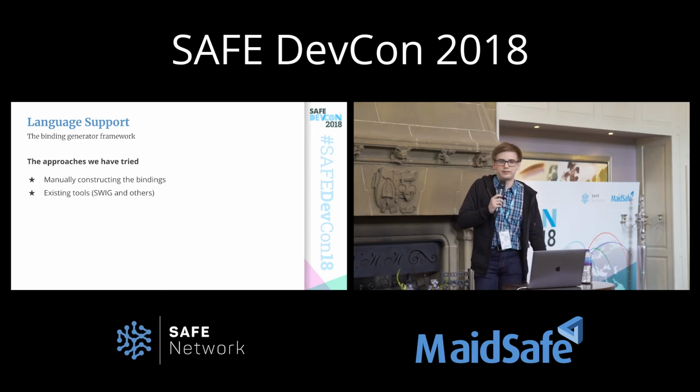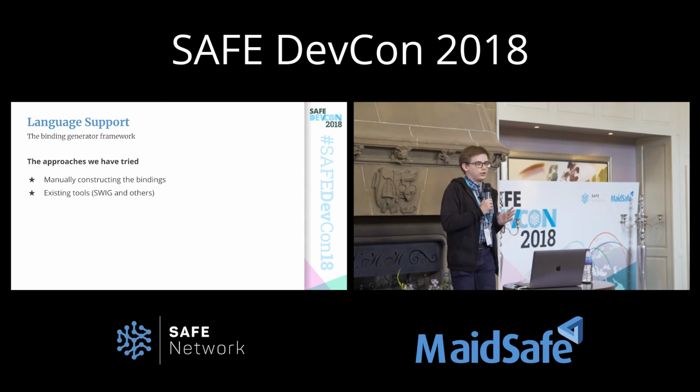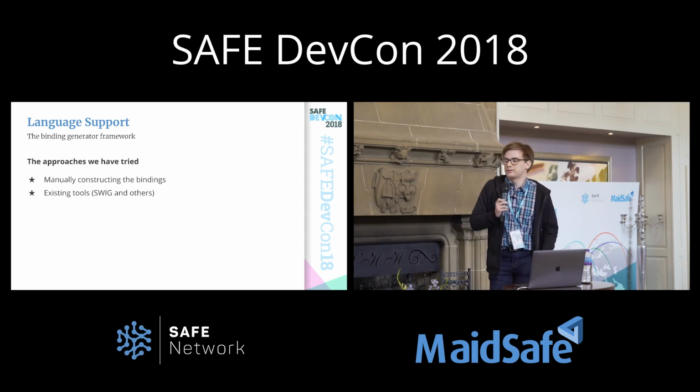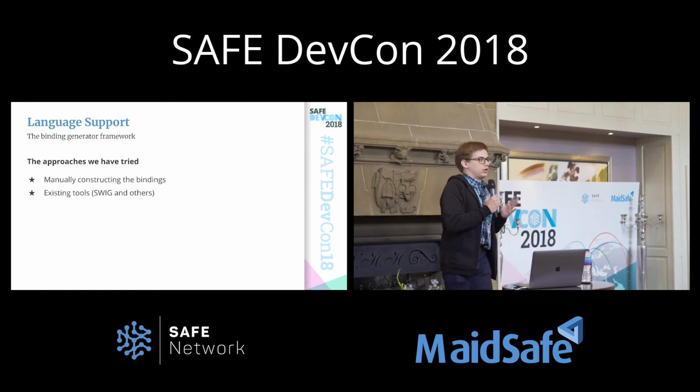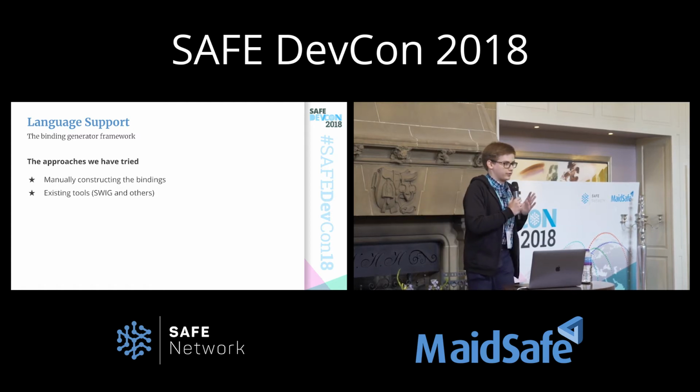And we tried to use that, but it didn't work out so well in the end, because eventually we found out that Swig is not very suitable for our specific needs. Because the Safe Client Libs API is constructed in a very specific way, because we follow our own set of conventions.